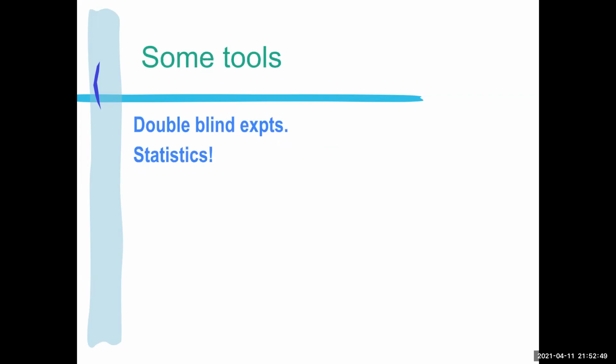Tools. A lot of times when we are doing clinical trials, which I'm going to talk about in a little bit, we run something known as double-blind experiments. That is basically an experiment where you have doctors and nurses give somebody new medicines, and both parties are blind.